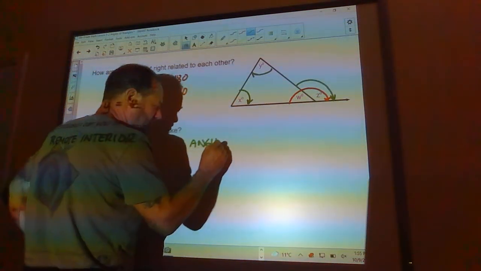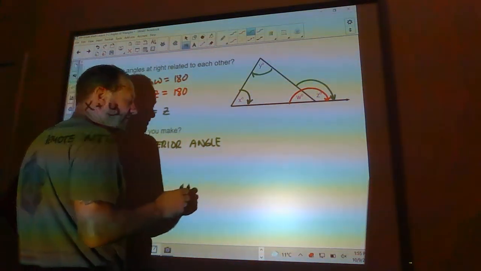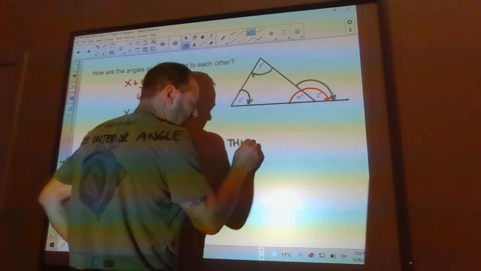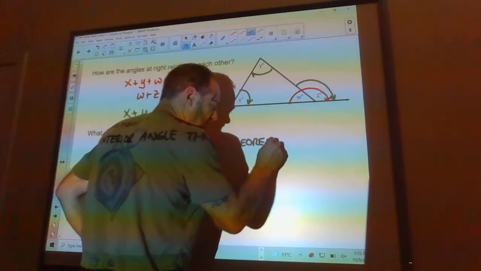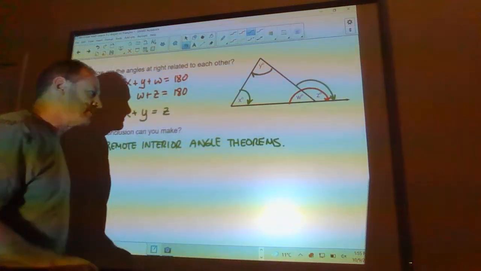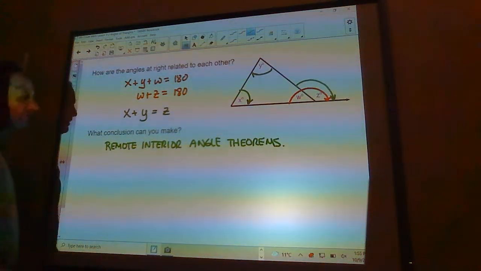And I'm not huge on you guys memorizing the names of theorems, but there's a few you should know. This is probably one that you should know.